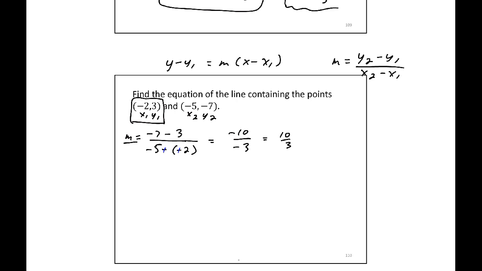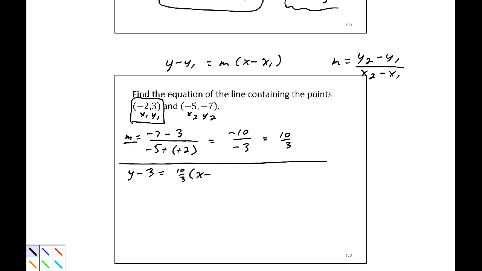Doesn't matter which one we use, but I'm going to use x1, y1. So new part of this problem, y minus y1, minus 3, equals m times x minus x1, which is -2. So I'm going to change this to +2 because I'm subtracting a -2.